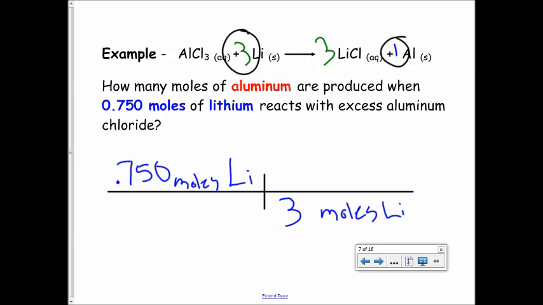We have 3 moles. For every 3 moles of lithium that I have, I'm going to produce 1 mole of aluminum. And with that, we will get an answer equal to 0.250, sorry, I ran out of room, moles of aluminum.